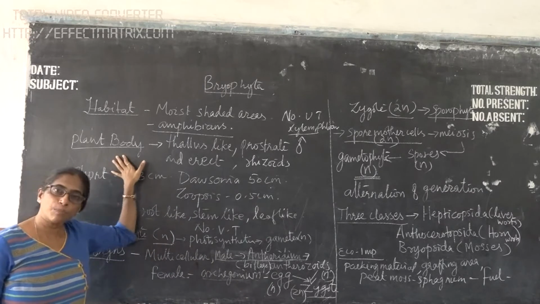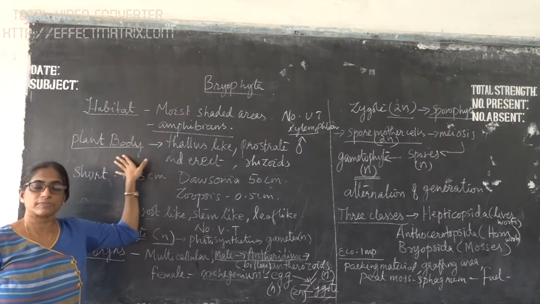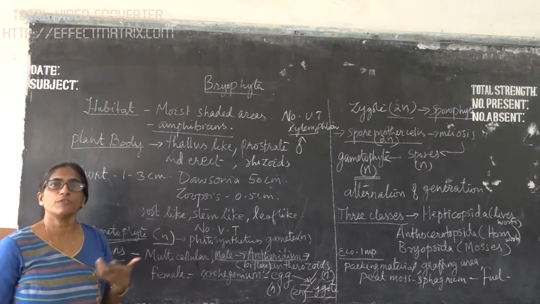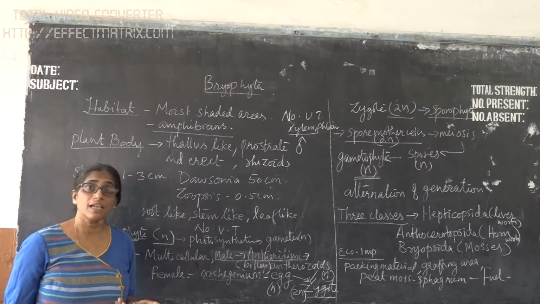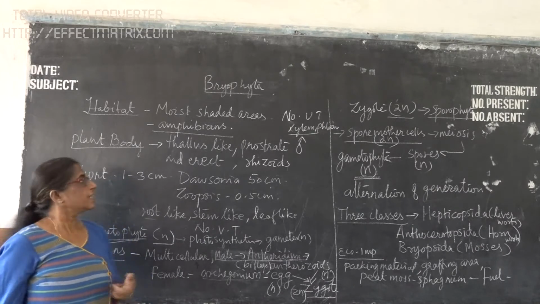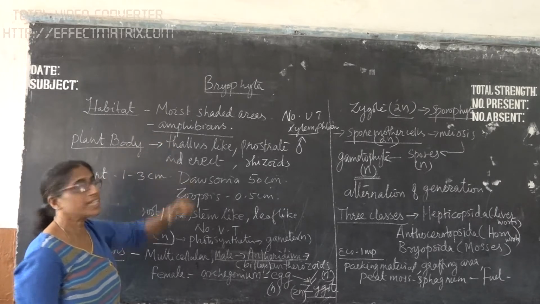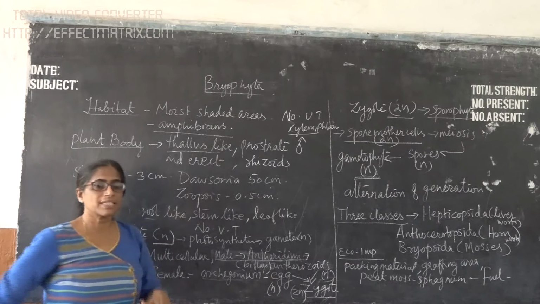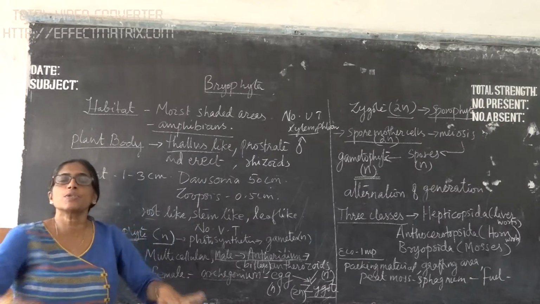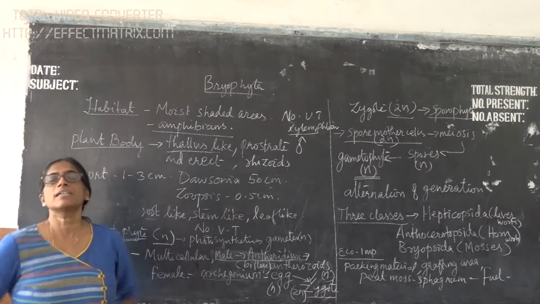Coming to the plant body of this group of plants, they have a more differentiated plant body than algae. Some members have a thallus-like plant body, that means prostrate, attached to the substrate, stretched on the ground.